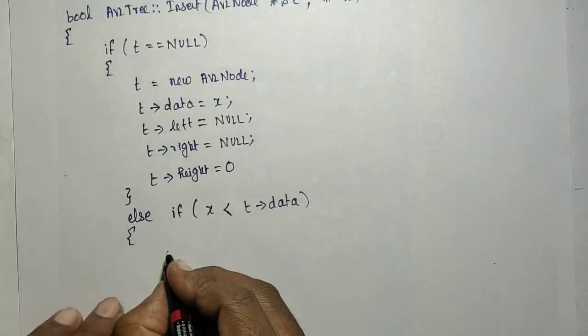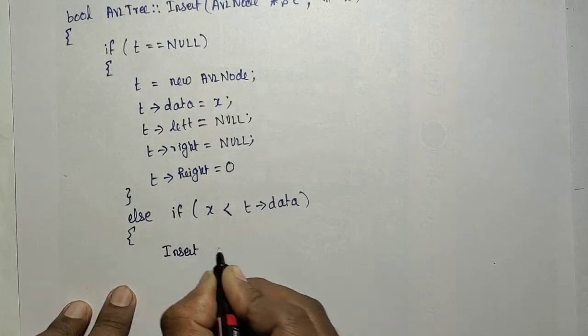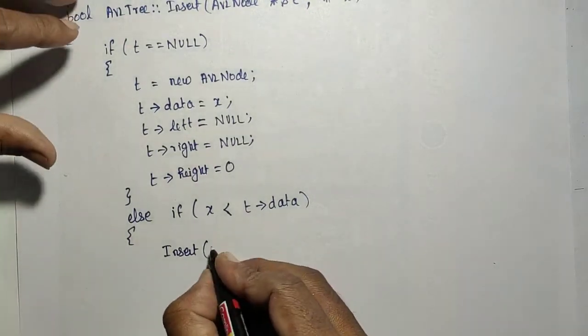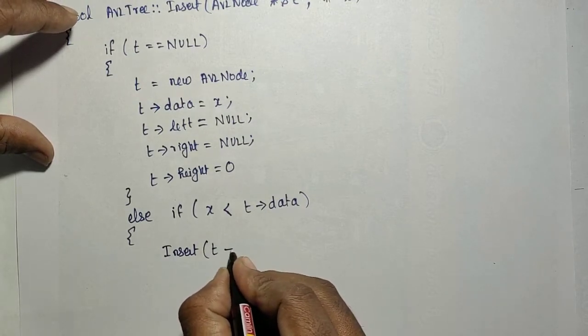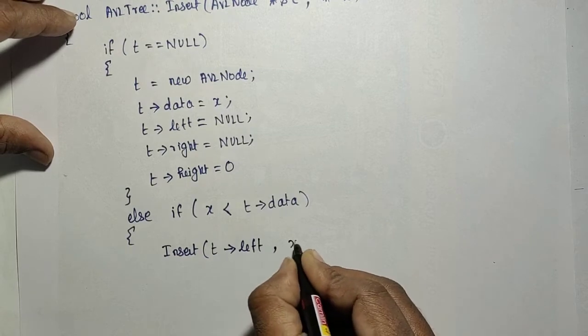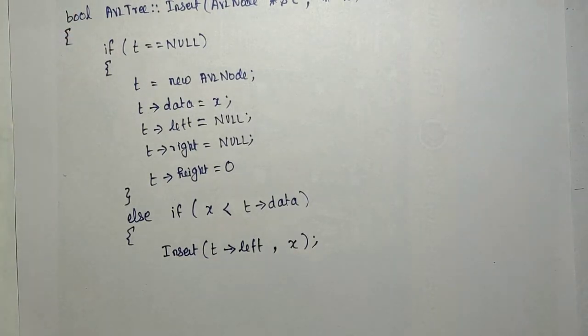So I am going to call this algorithm recursively, that is insert t of left comma x. So x needs to be inserted on the left side, correct.